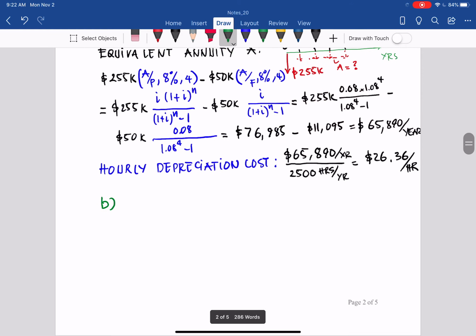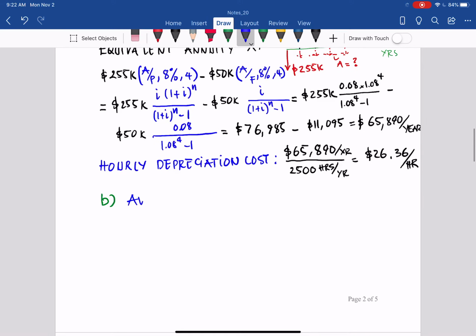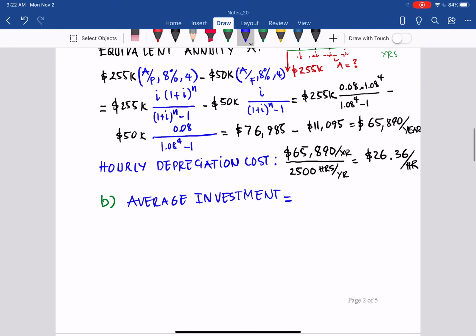So 255,000 plus salvage value 50,000, divided by 2.